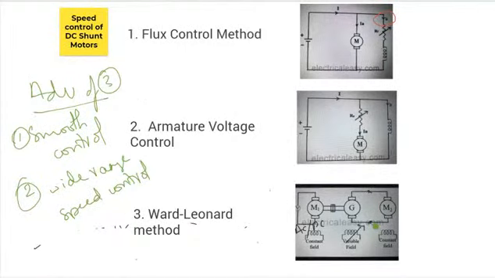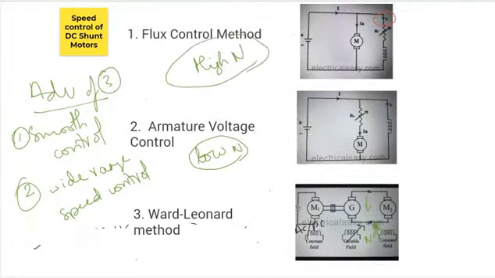Because you have control over your flux, you can increase the speed. You can go to very high speeds. When you have control over your terminal voltage, you can decrease your speeds. You can go to very low values. So this is applicable for low speeds, and this is applicable for high speeds. Because when you have control over your flux, you can only decrease your flux by increasing the resistance value.